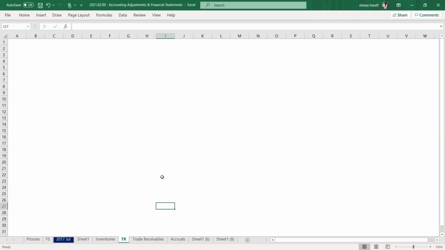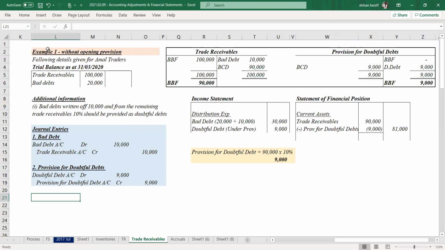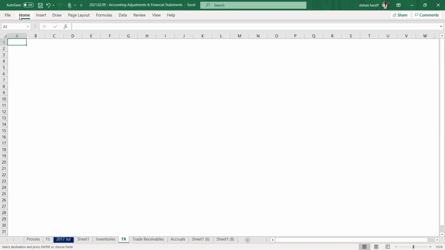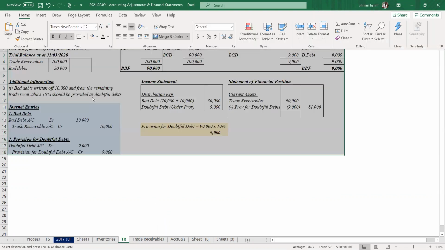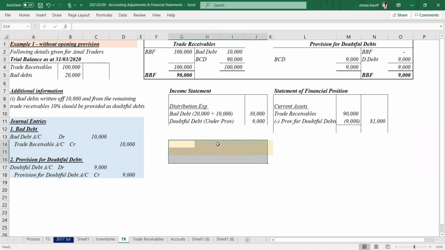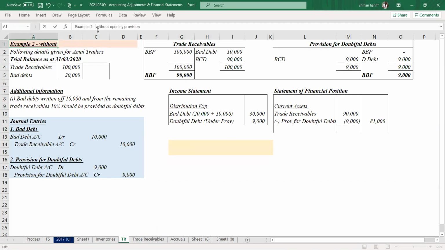Example two. Same example, I'll do some changes. Example two, with opening provision. You can say under provision.